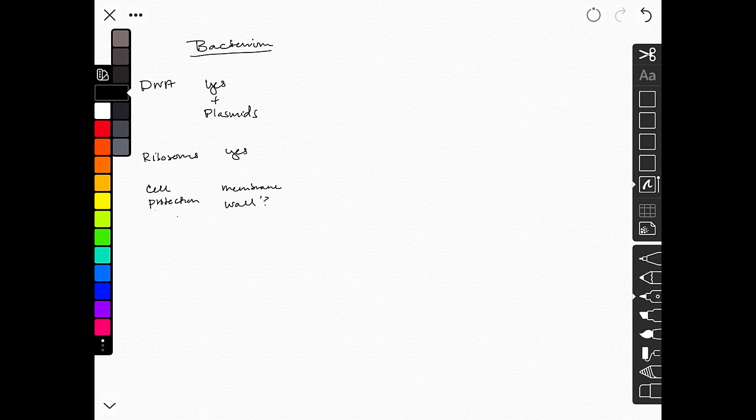When we think about their protection from the outer world, they have their cell membrane, but they also have a cell wall and a capsule. And when we think about their ability to move, they have a flagellum, they have pili, and they have the fimbriae. You may notice here that they don't have any other organelles, and that's a prokaryote thing. They don't have membrane-bound organelles.